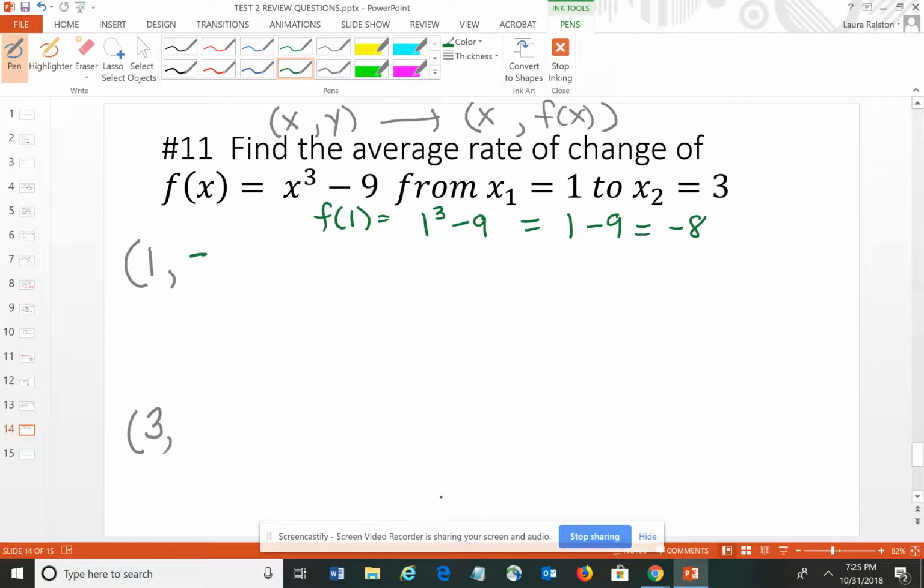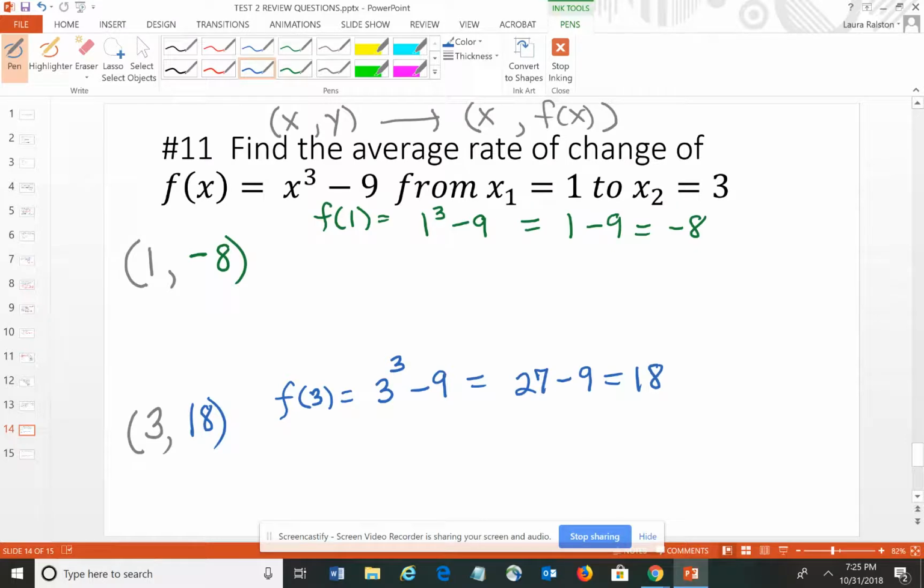So my first ordered pair is 1, negative 8. My second ordered pair, which I find by substituting 3 into the given function, so I have f at 3 would be 3 cubed minus 9. That's 27 minus 9, which is 18. So the other ordered pair is 3, 18.